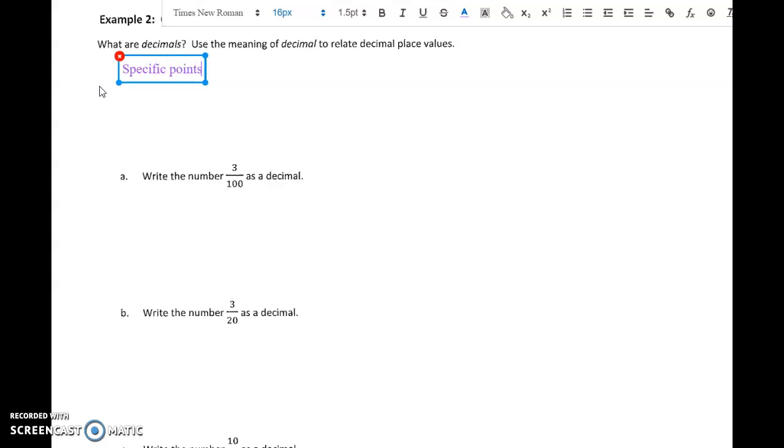There are specific points on a number line. They repeatedly subdivide, break it up into smaller and smaller intervals into tenths.